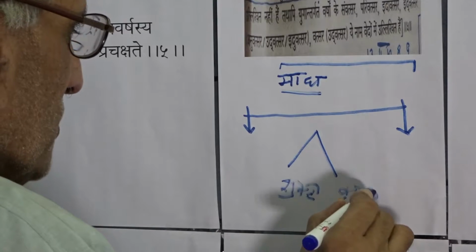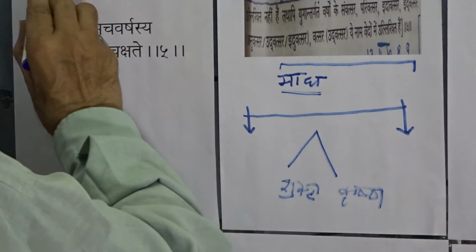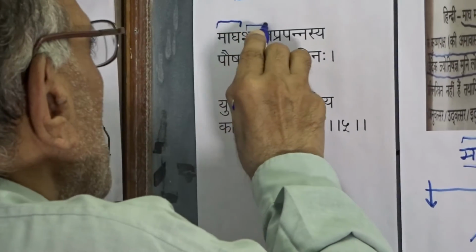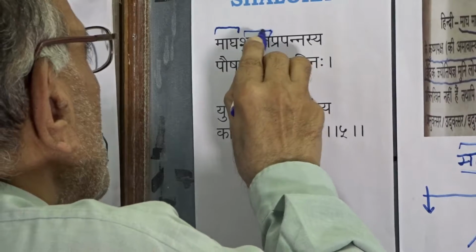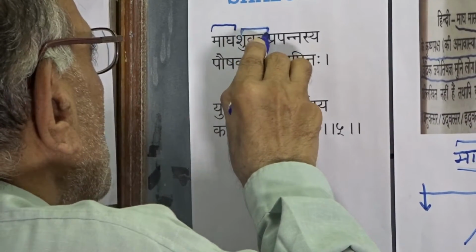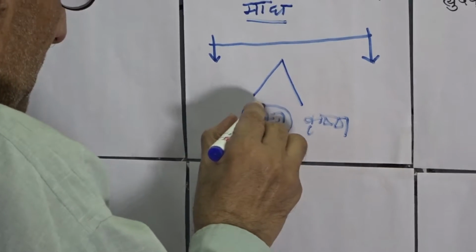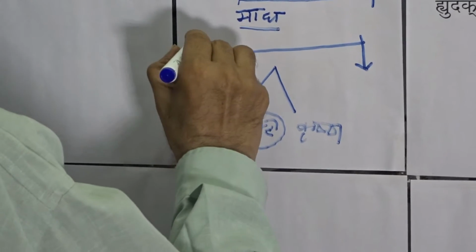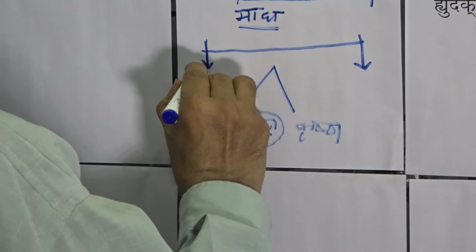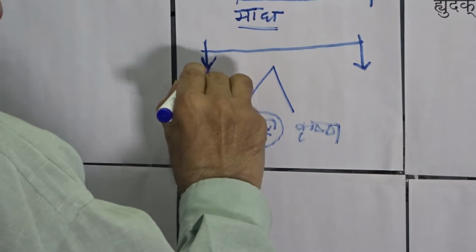Now here in Shloka 5 it is mentioned Magh, then it is mentioned Shukla. It is this Shukla Paksha, that means the beginning of the Yuga is going to be with Magh. The Yuga is to begin with Magh.